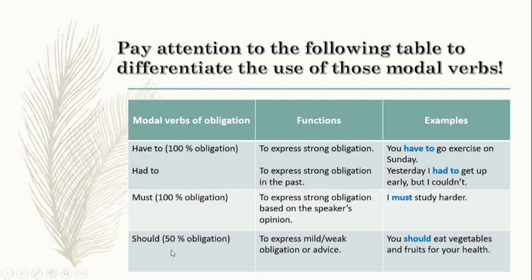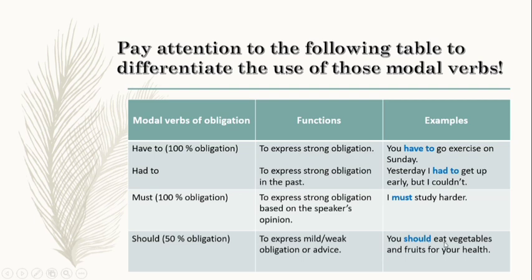And should here can also be used as an obligation expression, but its function is only to express mild or weak obligation or advice. For example, you should eat vegetables and fruits for your teeth, for your health.